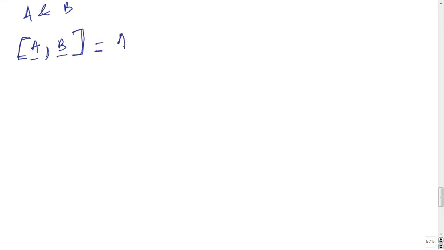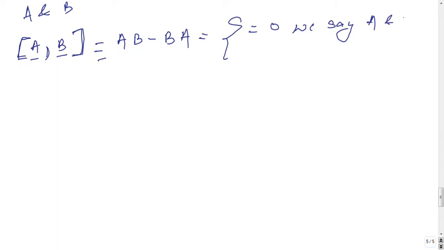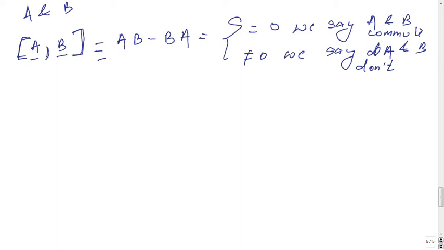This is defined as ab minus ba. If it is equal to 0, we say that a and b commute, and if not equal to 0, we say a and b don't commute.